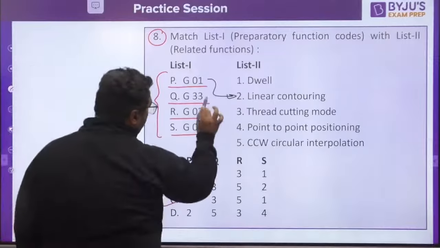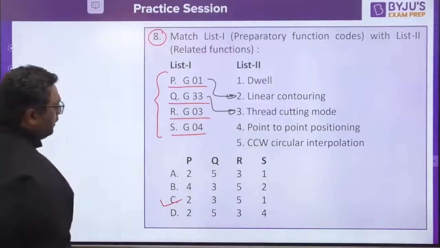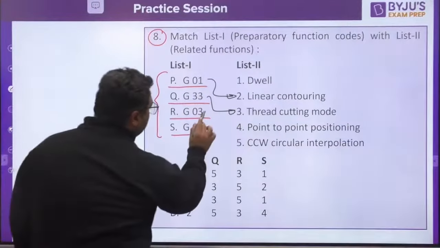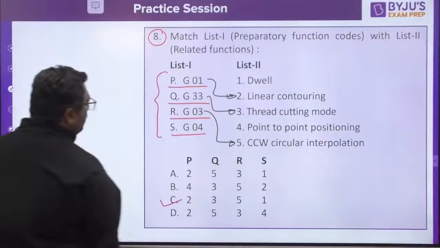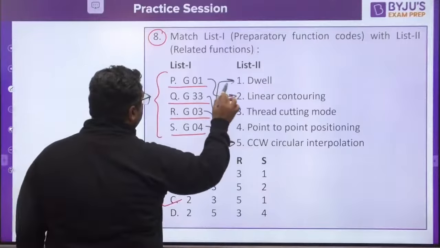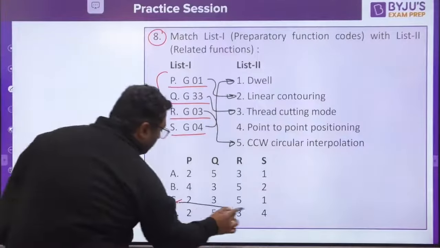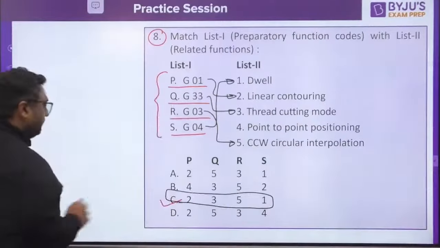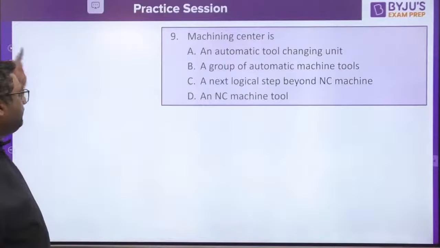G33 is used for thread cutting mode, G03 is for anti-clockwise circular interpolation, and G04 is used for dwell. Okay, so based on that we will be getting the answer to be C. Let us move to the next one.